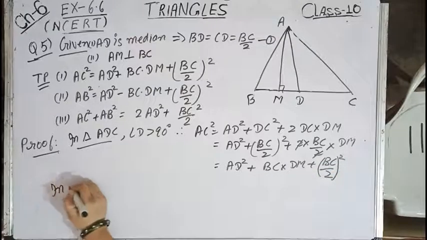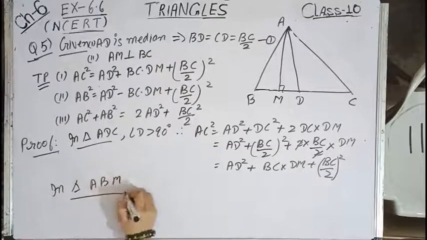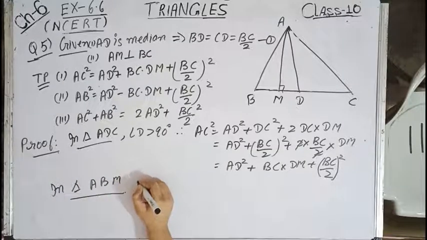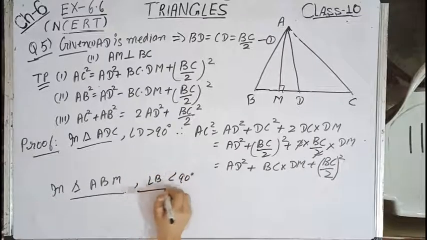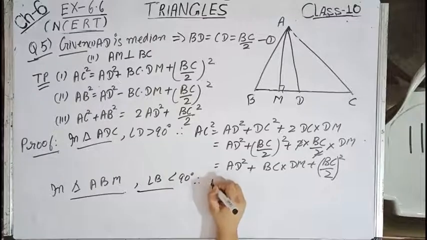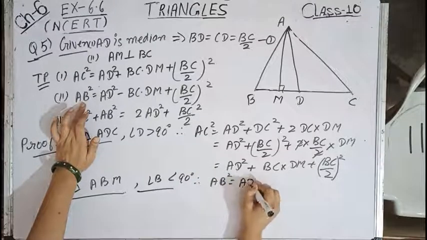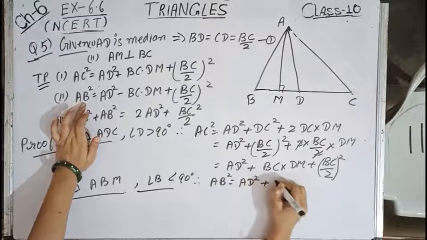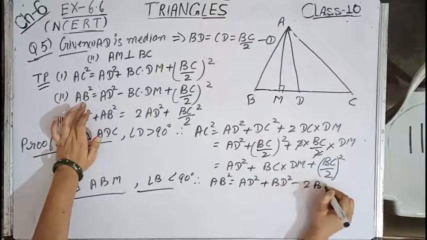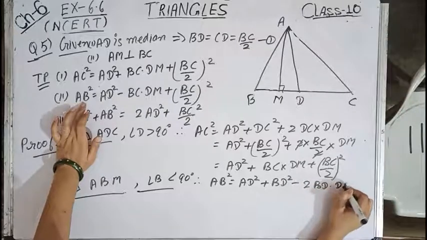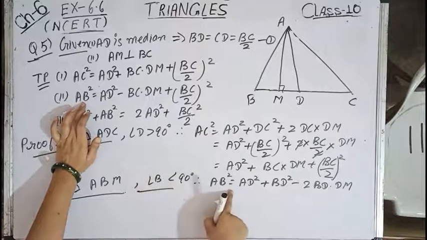Again, in triangle ABM, angle B is less than 90 degrees. Therefore, we can write AB square equals AD square plus BD square minus twice into BD into DM, using question number 3.